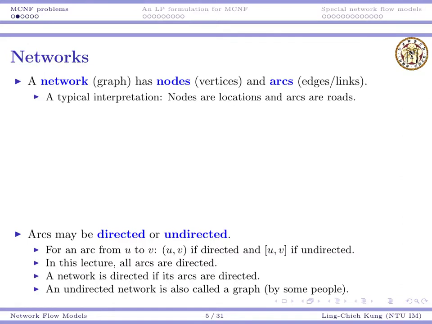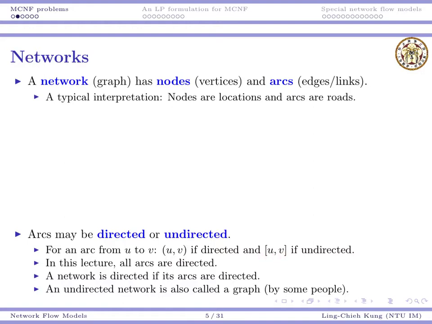So for an arc from U to V, suppose we want to say it is a directed arc. Then we use parentheses to include U and V inside. This notation means an arc from U to V. If it's V to U, we will say parentheses V, comma U, parentheses.